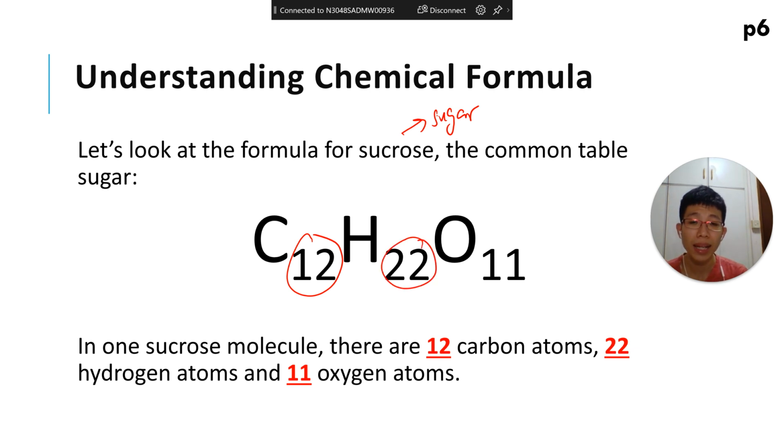And how many oxygen atoms are there? There are 11. If I want to ask you, how many different elements are there? It will be 3 capital letters, C, H, and O. That means it has 3 different elements.